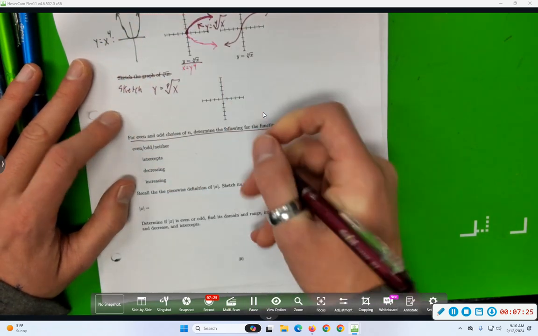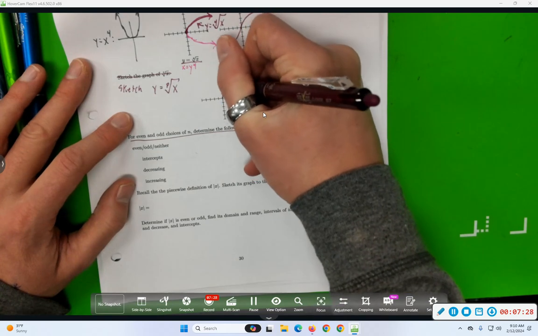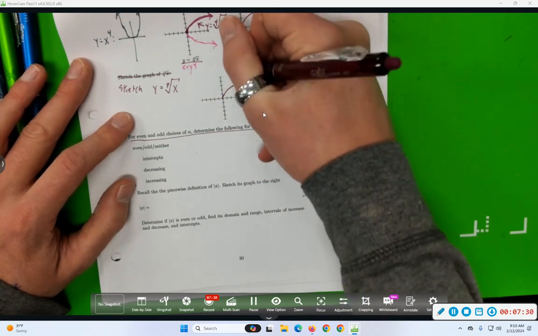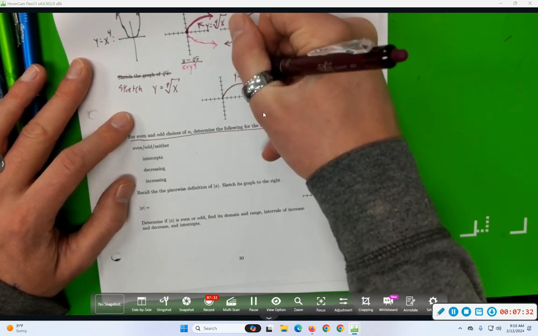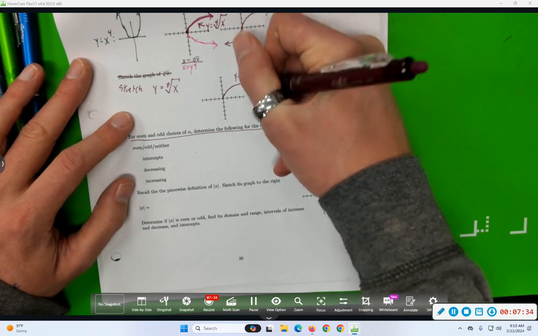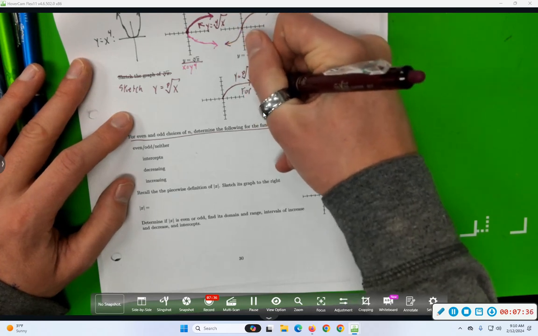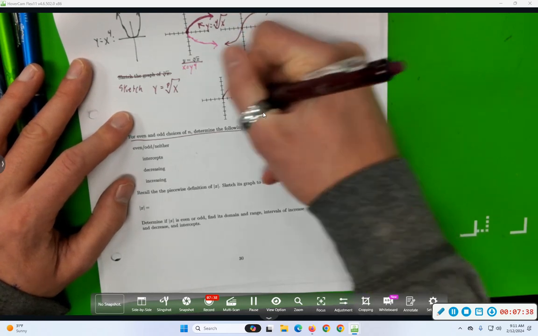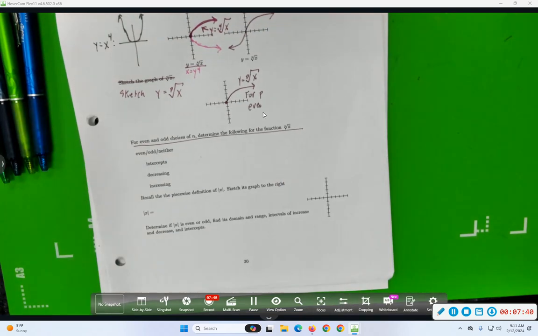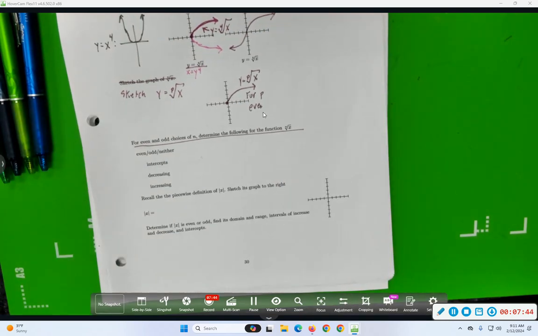Various root functions. So it looks like all of the even root functions will all qualitatively look similar. They'll all look basically like the square root function. Maybe they'll get more squared off close to the origin, but otherwise they'll all just look like the square root function.